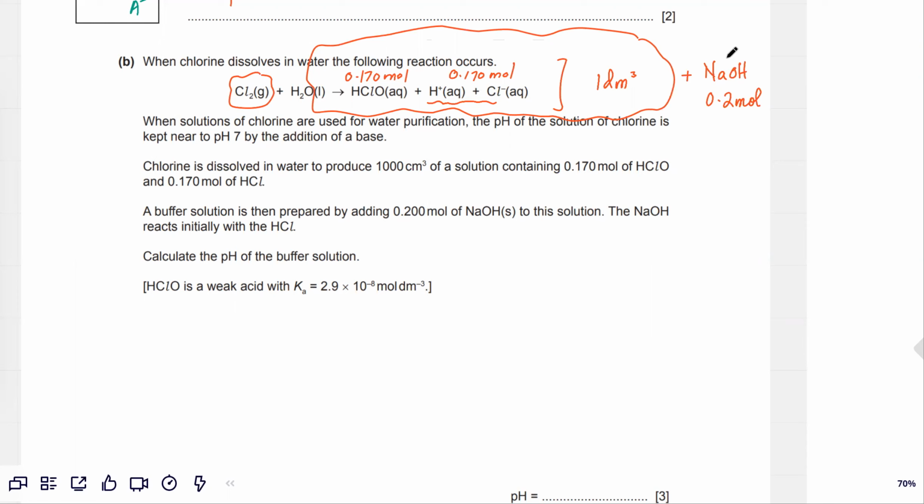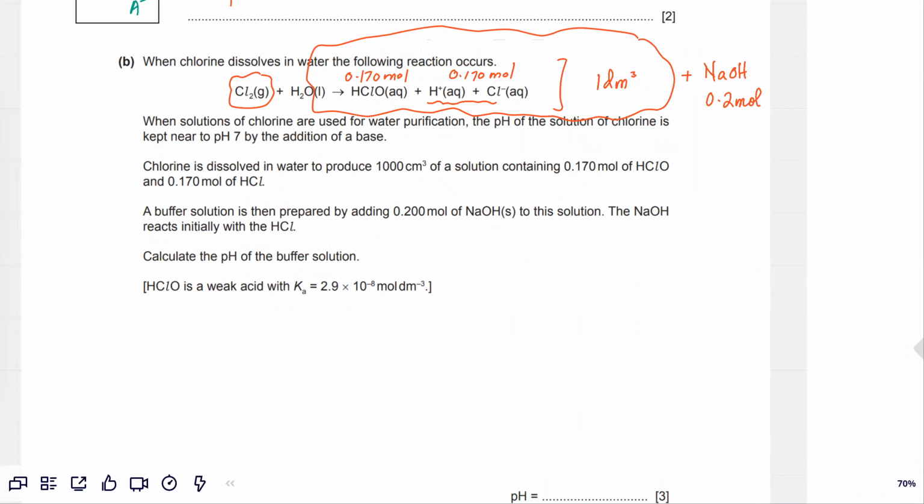So this NaOH over here, let's carefully assess what's going on. Cl2 has already been dissolved in water. 0.170 moles of this and 0.170 moles of this are produced. Okay, that's one thing that he did mention. And then he says that a buffer solution is prepared by adding NaOH. And the NaOH initially reacts with the HCl.